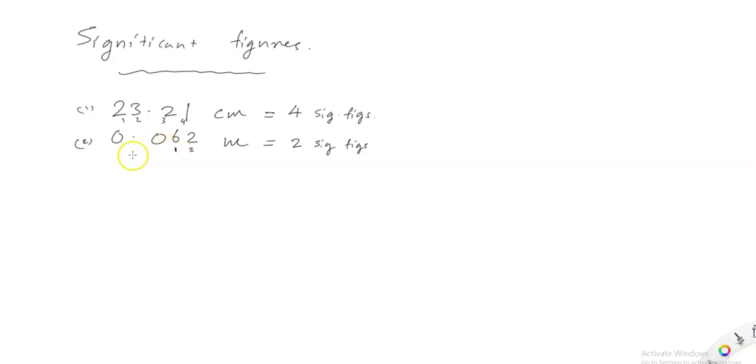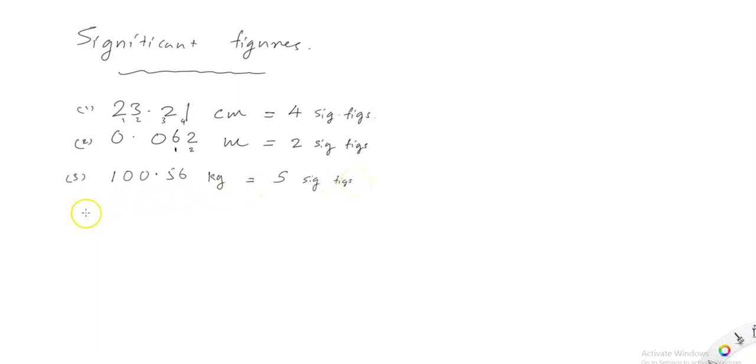Over here we do not count the zeros in the front. So take an example like 100.56, let's say kilograms. How many significant figures are there? Now there are two zeros, but there is a non-zero number in front of them, so we're going to count all of them. So in this case we have 5 significant figures.